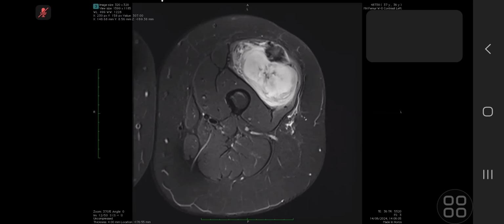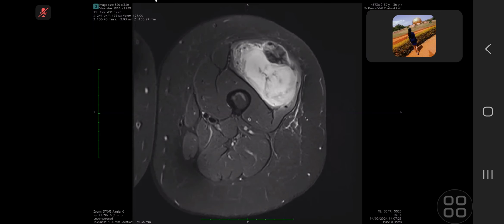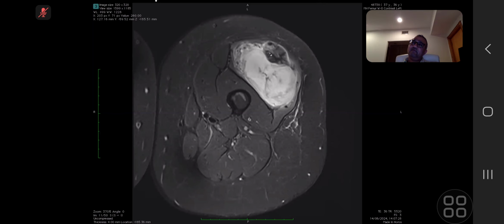I'll park there. And what do you see? So a heterogeneously hyperintense lesion centered in the vastus lateralis muscle. The lesion also has associated hypointense areas, a component. Which is what?